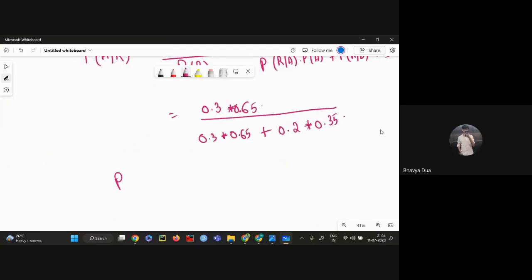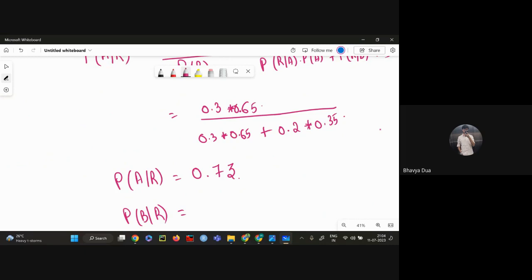So do the computations and you should get P of A given R is 0.73. So what is P of B given R? 1 minus 0.73, that is 0.27. Because if it has to be rejected, then there are only two avenues.